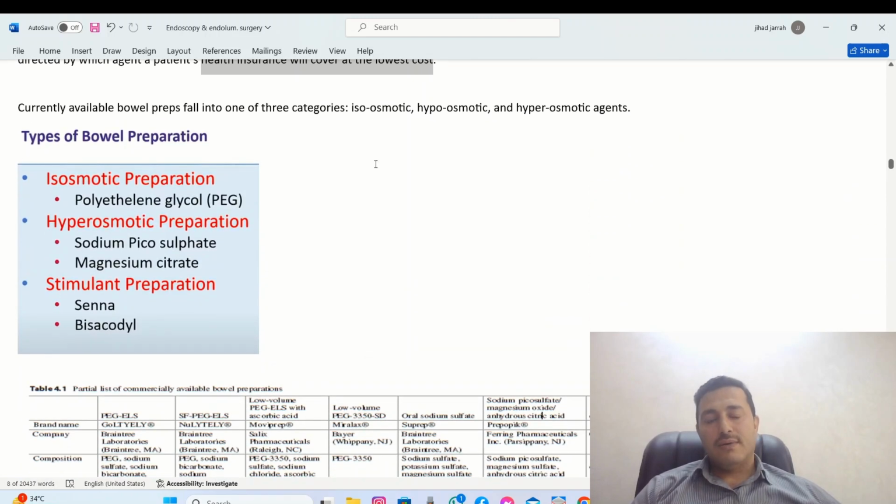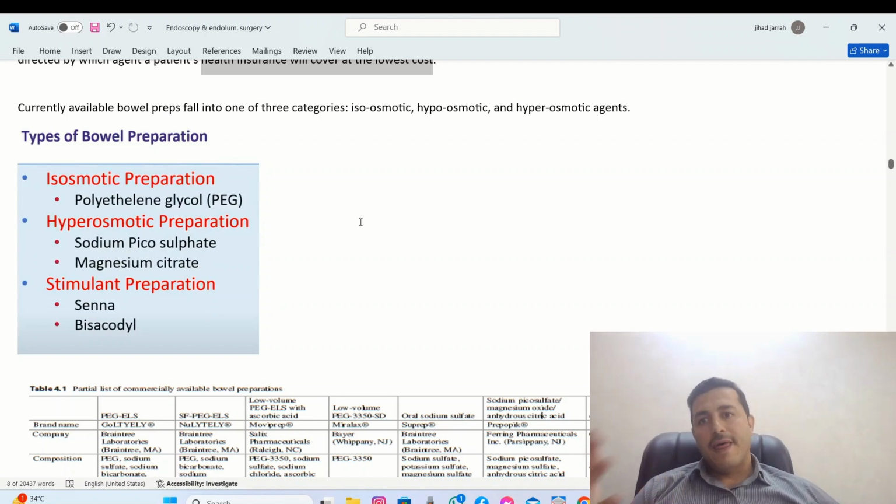As you see here, it could be classified into 3 or 4 types or categories of bowel preparation. These are the isoosmotic. Of them, the most popular is the polyethylene glycol. It's worth remembering it. Polyethylene glycol or PEG. And we have hypoosmolar, we have hyperosmolar. When we talk about hyperosmolar, we talk about the electrolyte solutions such as sodium sulfate, sodium phosphate, magnesium citrate.